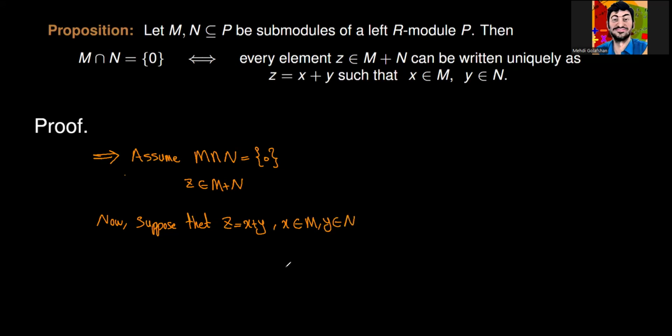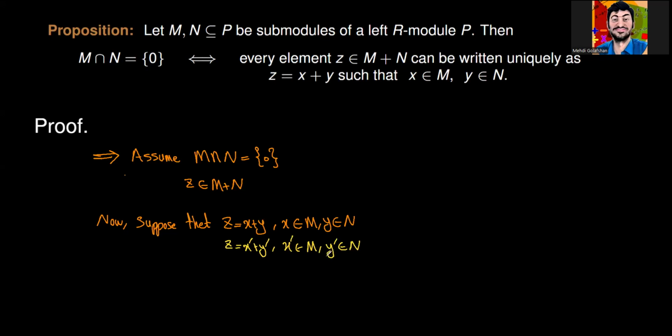Very good. Now, because we want to prove uniqueness, let's suppose also that we have another such sum: Z also equals X prime plus Y prime, where X prime belongs to M and Y prime belongs to N. So suppose that I have two such sums.